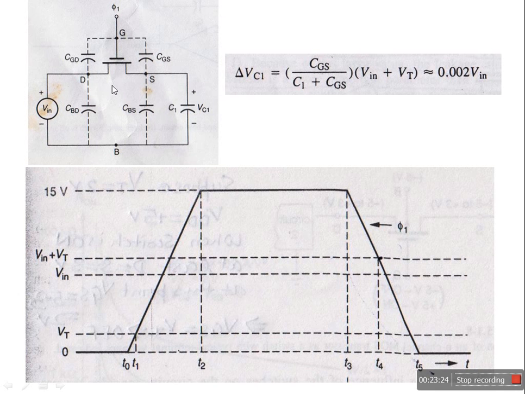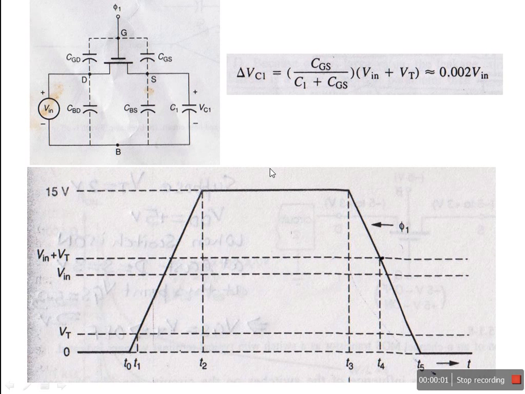When the switch is on, V in is connected to the C1, and it will start charging the capacitor. So up to now there is no problem.